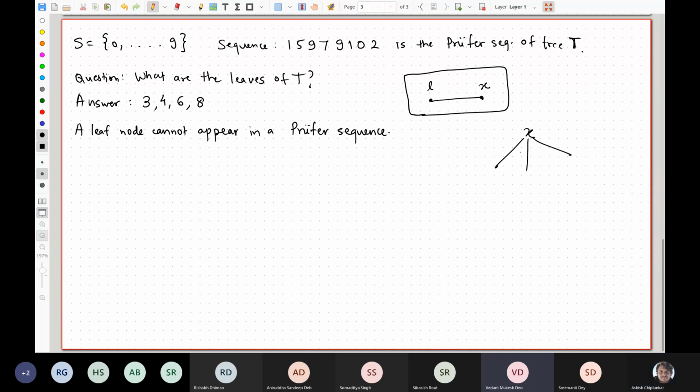So there must have been either a leaf attached to it, or there is no leaf attached to it. Those are the only two cases. If there is a leaf attached to it, then at some point we may have removed that leaf.